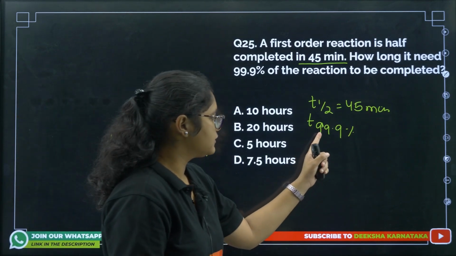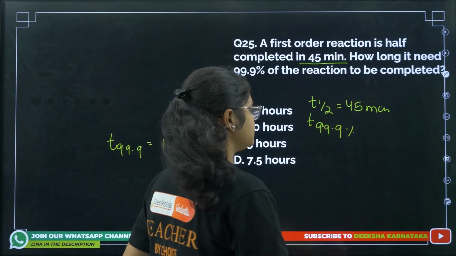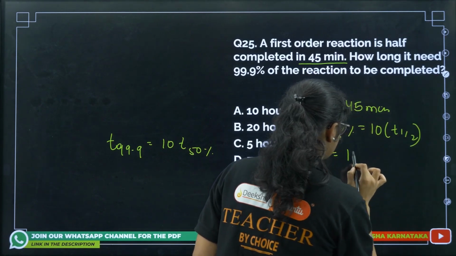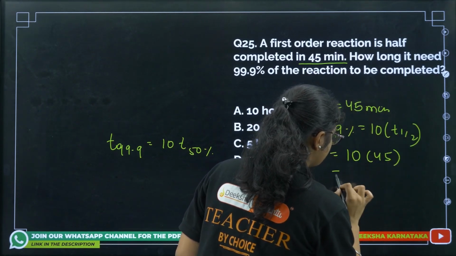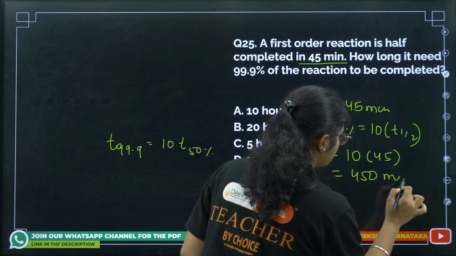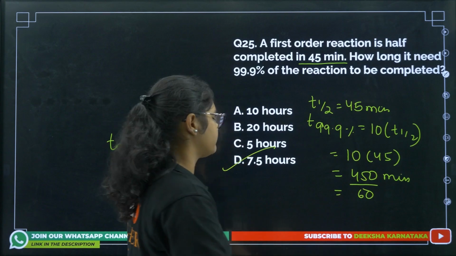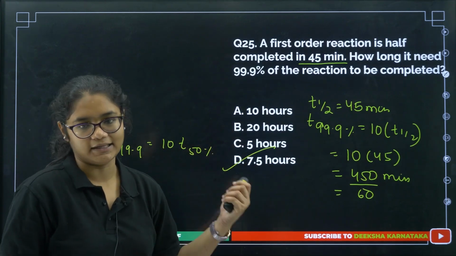So if T 50 is 45, this will be 10 times 45 minutes, which means it is 450 minutes. Now the question is in hours, so divided by 60, we'll get 7.5 hours. That is option number D here.